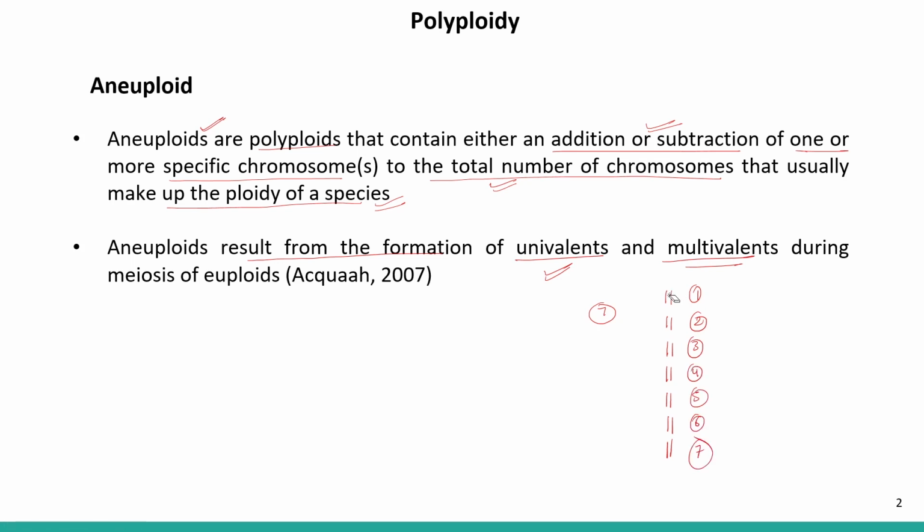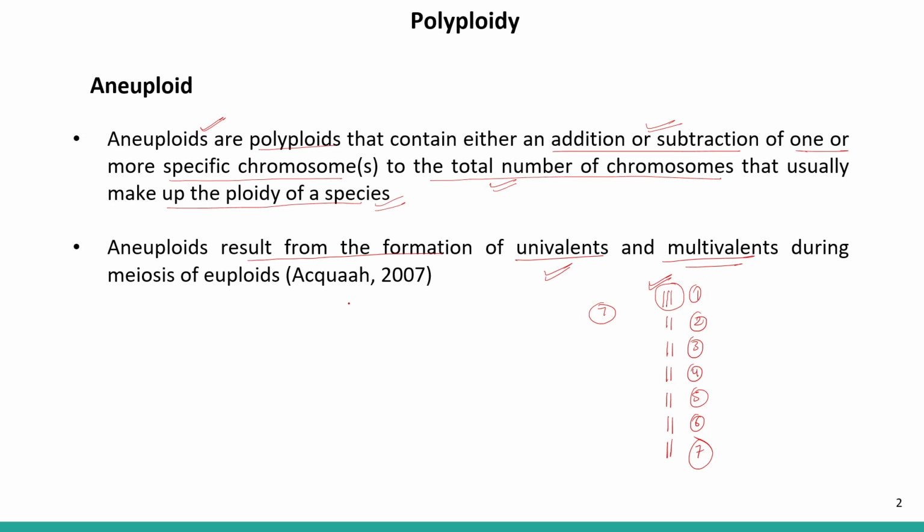If one of the chromosomes is less, then this one is not paired, and that is called a univalent. And if it is paired and one more extra chromosome of this particular type, that is chromosome number 1, is there, then it will be a multivalent.